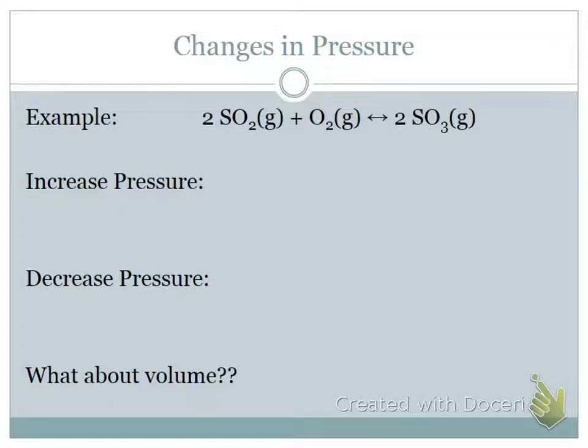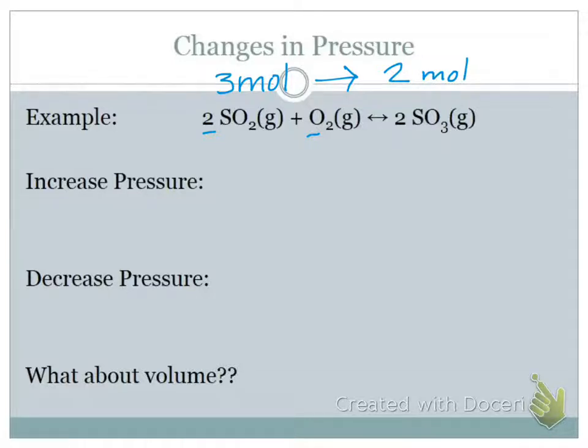So when you see that they're asking about pressure, you need to decide how many moles of gas are on each side. On the reactant side, how many moles of gas total do I have? It's asking about the total on each side. So I have 2 plus 1, so I have 3 moles on the reactant side, and it decreases to 2 moles on the product side.